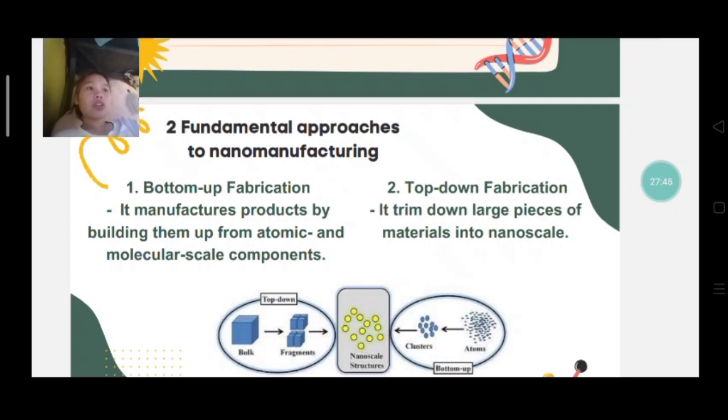In the bottom-up fabrication, the building blocks are guided by external factors such as electric fields and physical templates to form larger structures. This approach allows for control over the shape, size, and properties of the resulting nanostructures and enables the creation of new materials and devices with novel properties and functionalities.